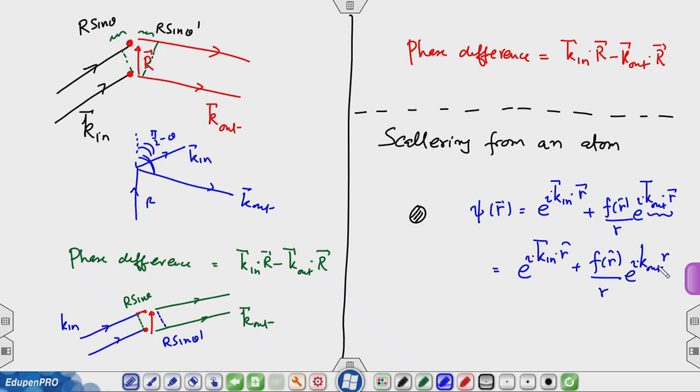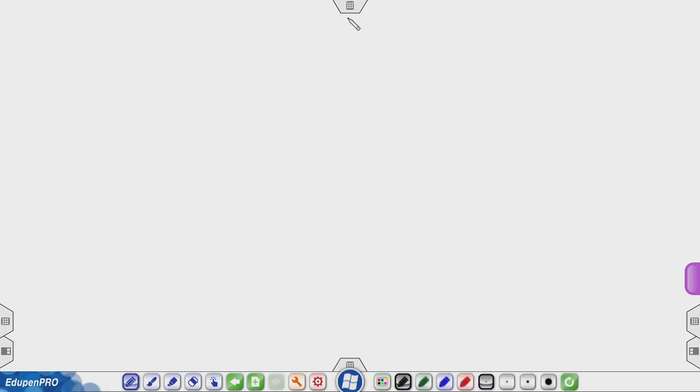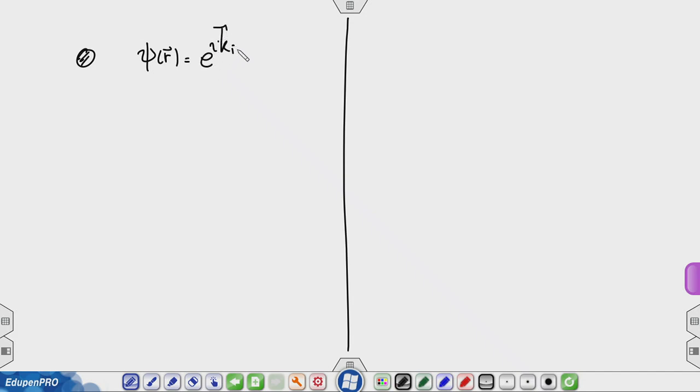And then what I did is, if I take position of the atom at r i, then I wrote the scattering amplitude as, so let me just repeat myself. Here is the atom, psi of r is e raised to i k in dot r plus f of r over r e raised to i k out r, if it is spherical, otherwise it is k dot.